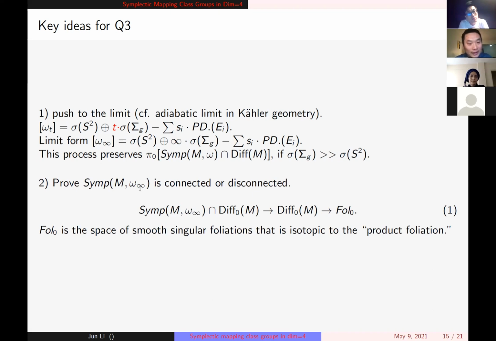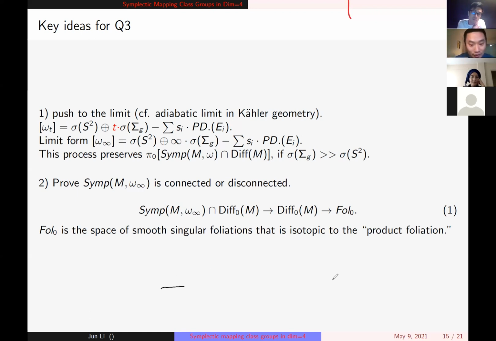To study the limit, we think again about a group action, where the total group is Diff 0. We try to act this big group on the space of singular foliations that is isotopic to the standard one. Let me give a quick picture of the singular foliation.